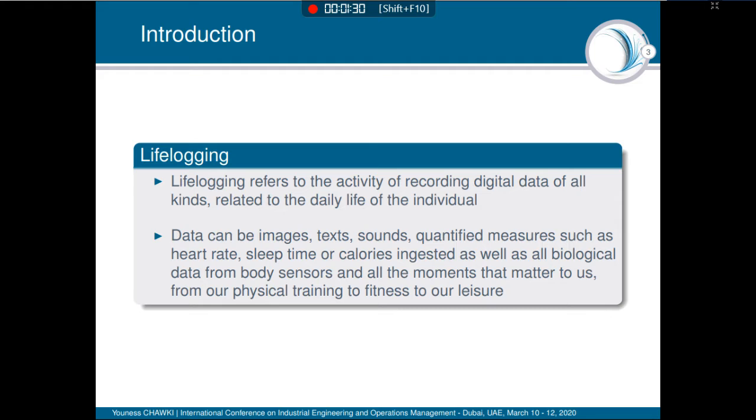Among the solutions to this problem is live logging. Indeed, live logging refers to the activity of recording digital data of all kinds related to the daily life of the individual. The recorded data can be of different types like images, text, sounds, and quantitative measurements such as heart rate and sleep time.